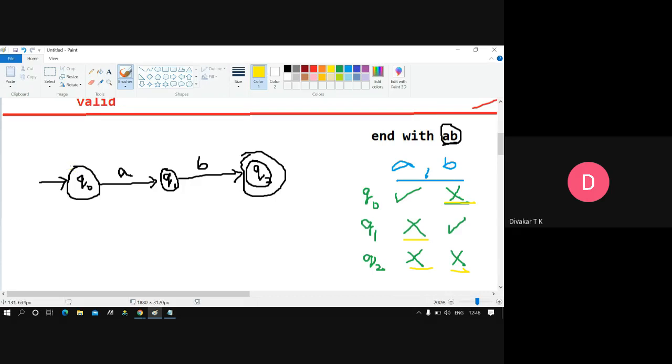I'll write simply in pencil. You write simply B here, the B outgoing edge. For Q0 only, please write a self loop B here. If I write a self loop B here, is it anything?